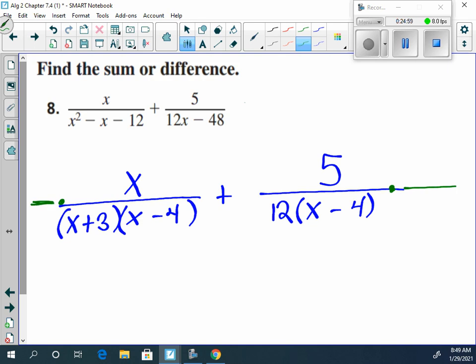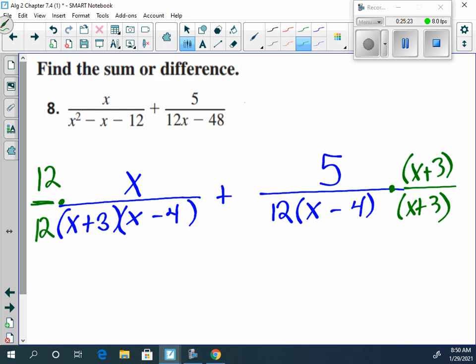Okay. What does the one on the right have that the one on the left doesn't? Yep, so here we'd have an x plus 3 and an x plus 3, yes. And the other side would have 12. And really this is just making the denominators be the same. What does one have that the other doesn't?